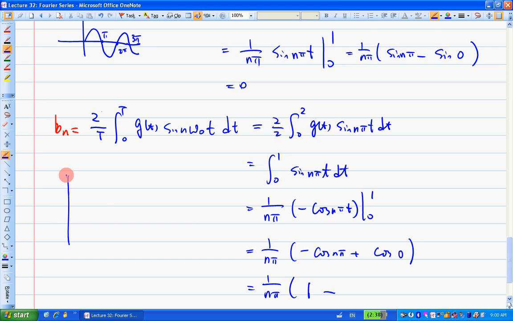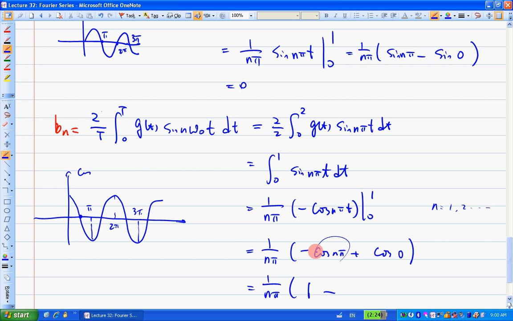Let's take a look at the cosine curve here. This is pi over 2, this is pi, this is 2 pi, this is 3 pi, and n is 1, 2, 3. When you plug n equal to 1, cosine pi is -1. When you plug n equal to 2, you get 1. When you plug 3, that term becomes -1 again.